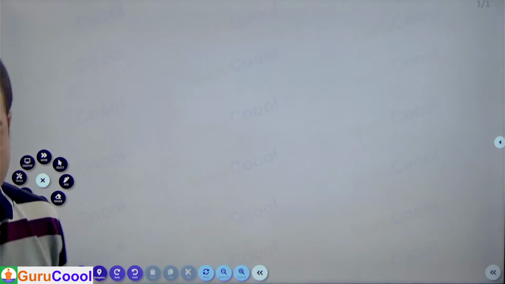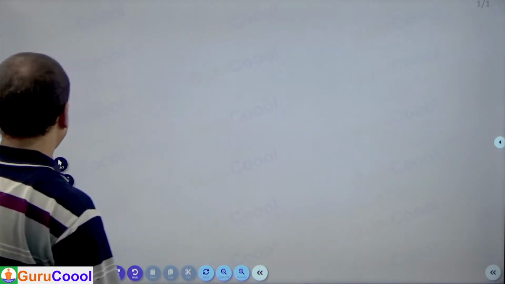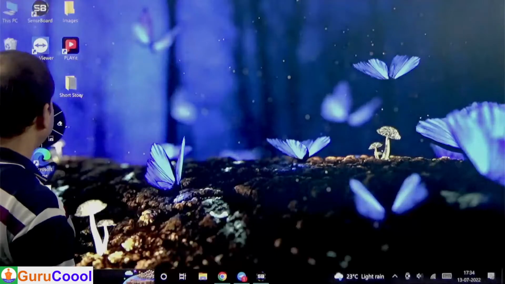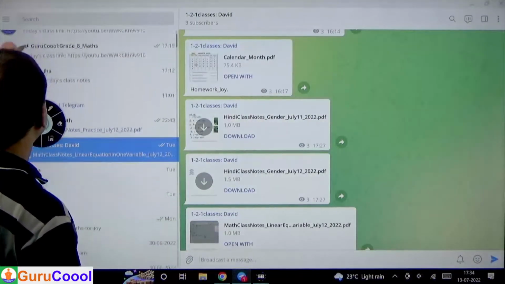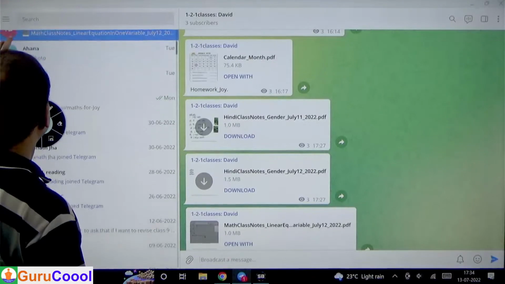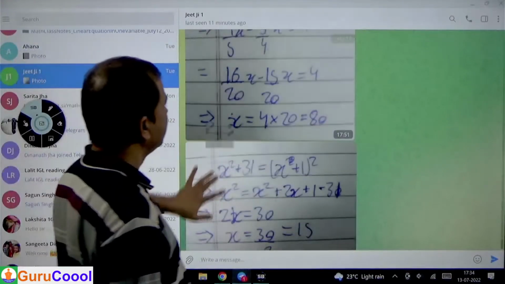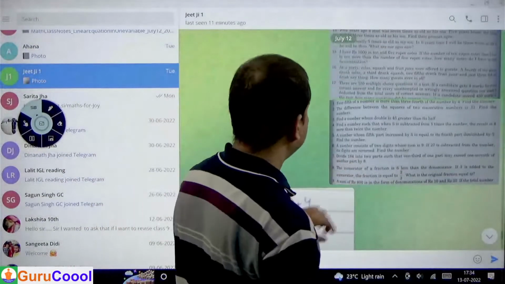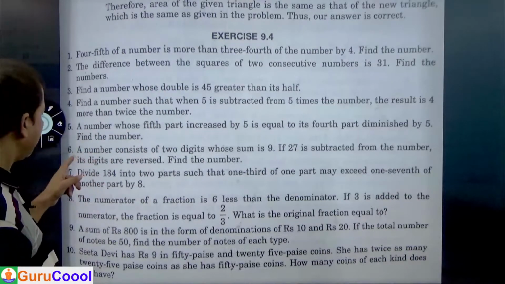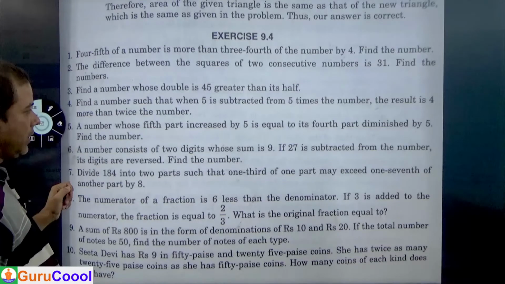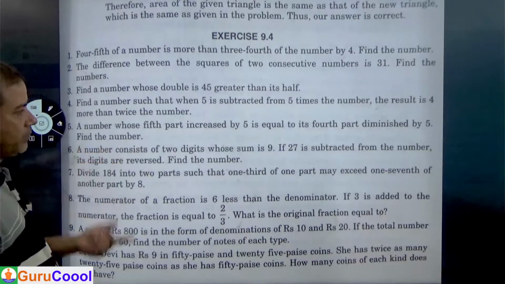We will continue today again with the same topic that we were doing earlier. We did question number 5 last, right? Question number 6 was remaining.